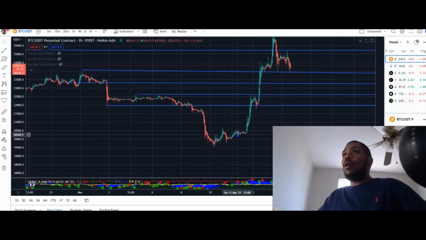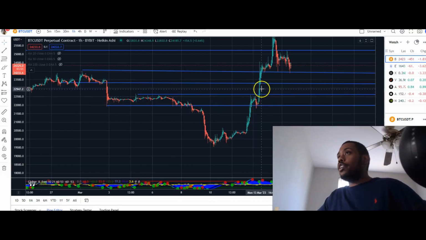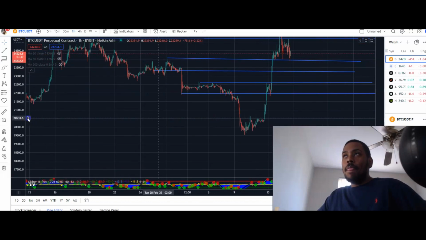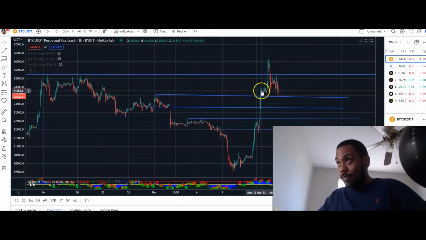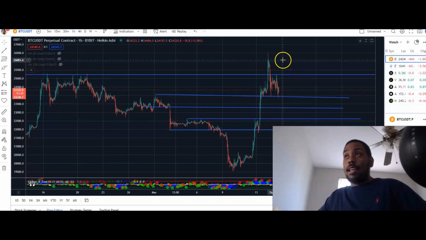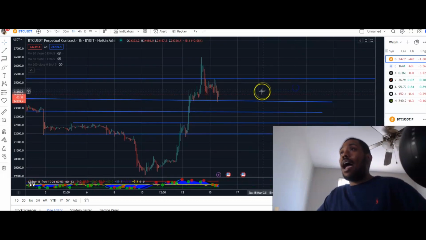So now that gave us a perfect setup right here to go ahead and get into the market. We busted through this zone, and what actually happened is we came up to the very top of the next zone. We busted through it, confirmed it as support, and kept on going again to create our higher high.